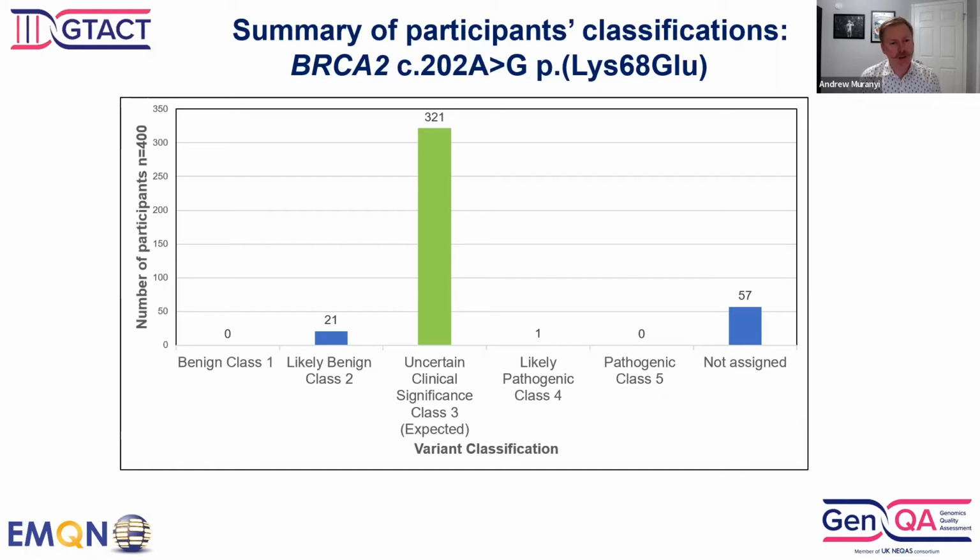It seems it could be because they used the two benign pieces of evidence, but didn't use the rare or absent from population databases. Unfortunately, I wasn't able to see which guidelines these individuals were specifically following, but I suppose it's possible if they were using the CanVIG-UK guidelines and did not use the evidence that this variant was rare, that could be how they arrived at likely benign, as that seems to be the evidence that was used.